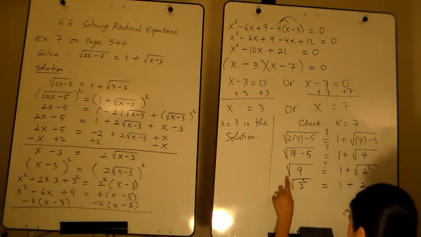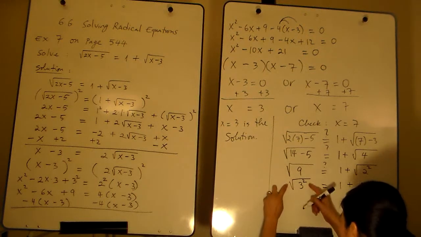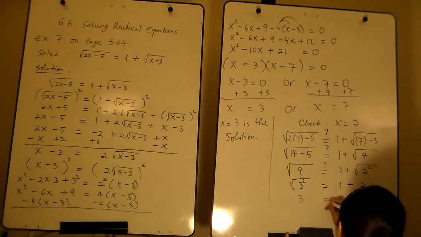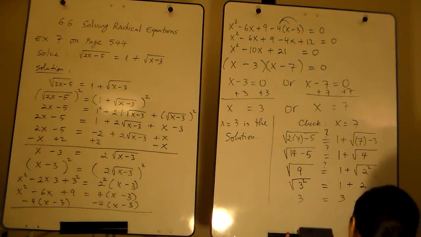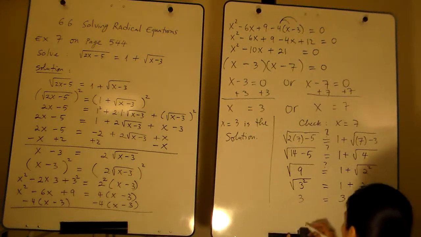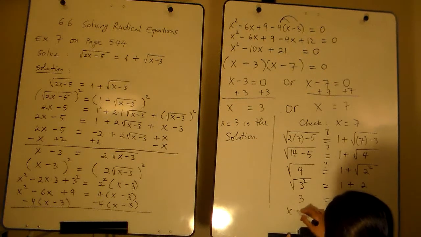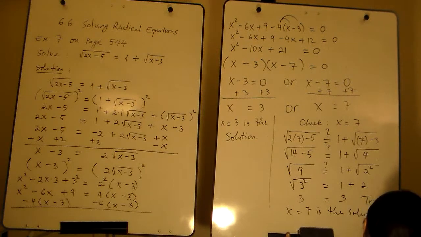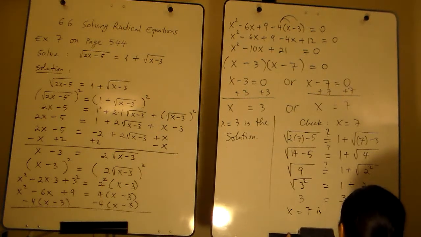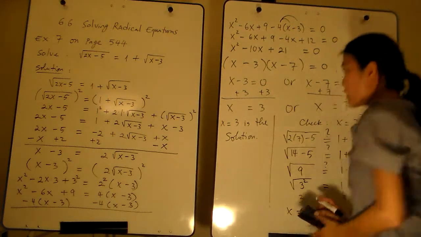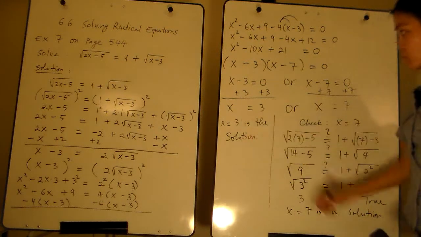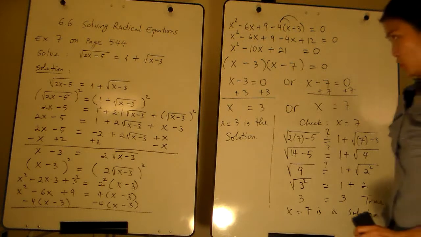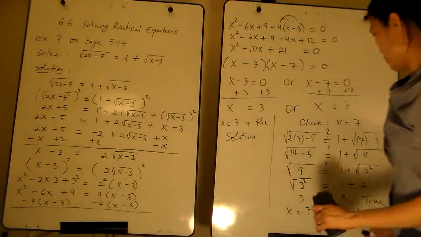And because the index of this radical is 2, matching the exponent 2, you can simplify this radical to 3, equal to 1 plus 2 is 3. So this is true. So x equal to 7 is also a solution, okay? It turns out both x equal to 3 and x equal to 7 are the two solutions to this radical equation.